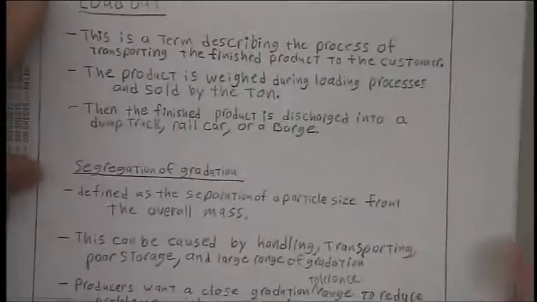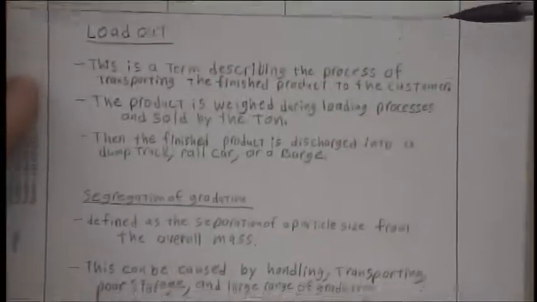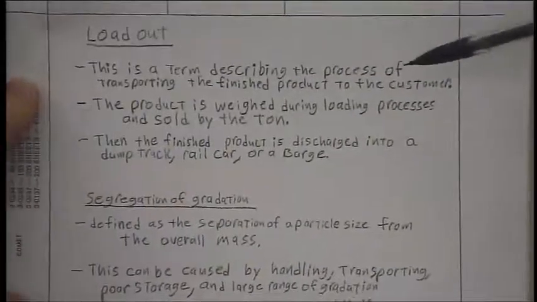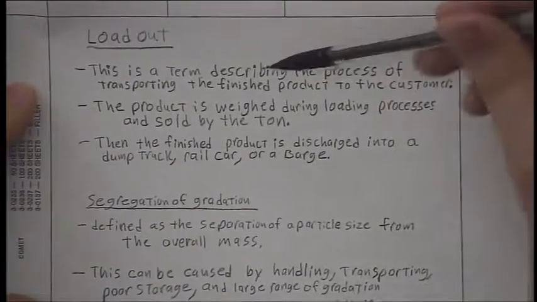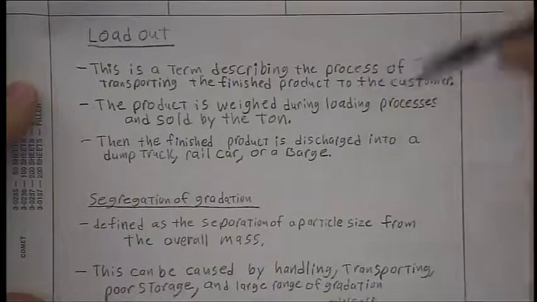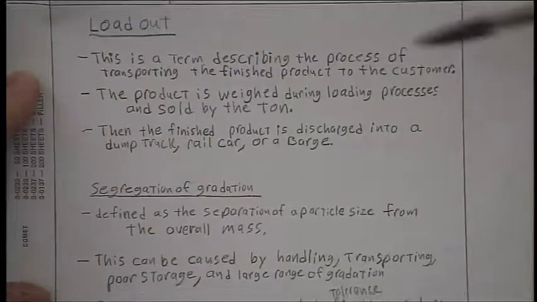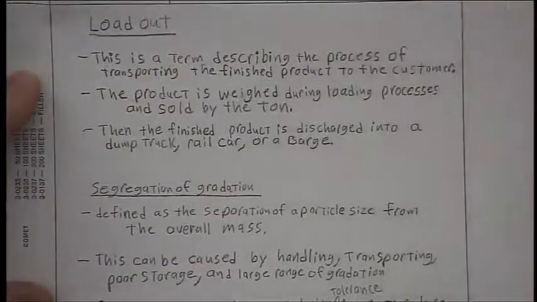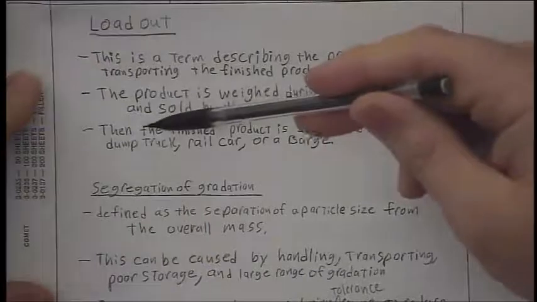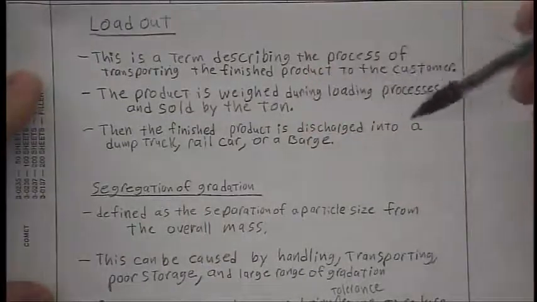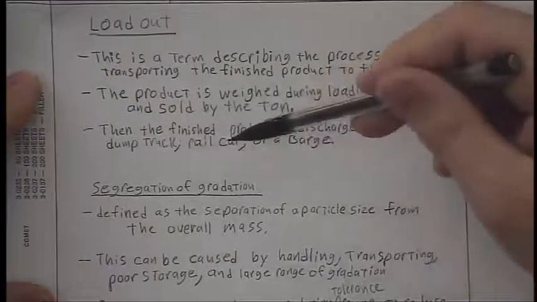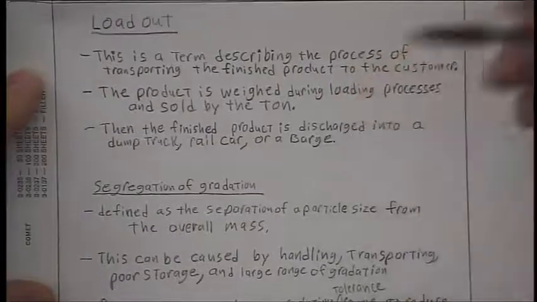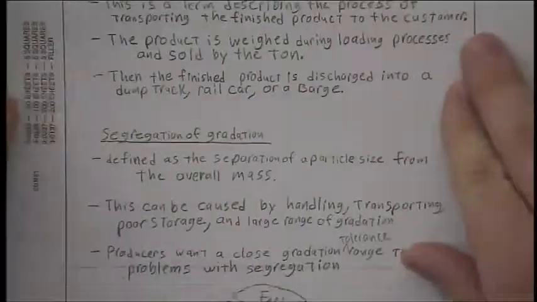Loadout is a term describing the transportation process of the finished product to the customer. Typically the product is weighed out during the loading process and sold in tons. The finished product is discharged into a dump truck, a rail car, or a barge. There are many different ways to transport it.